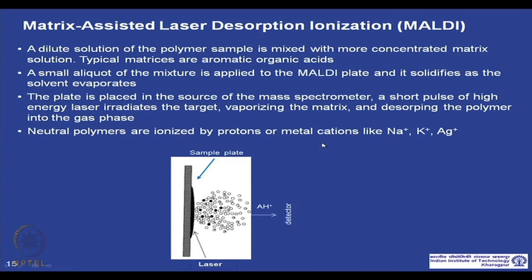As the name suggests, we need matrix assistance: we take assistance of a matrix to vaporize by help of a laser radiation, and in the vaporized state the polymer gets dissolved from the matrix and then ionized. So, this name MALDI comes from there.